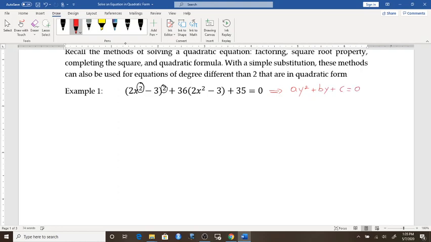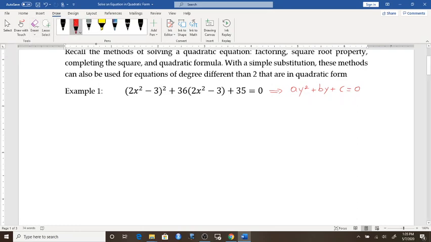I'm using y instead of x so I won't confuse this y with the x that is in our equation. Let's do a comparison between the equation that is given to us and the one that I wrote in red. By comparison, I'm sure we all agree that c is this number by itself, so it's going to be our 35.